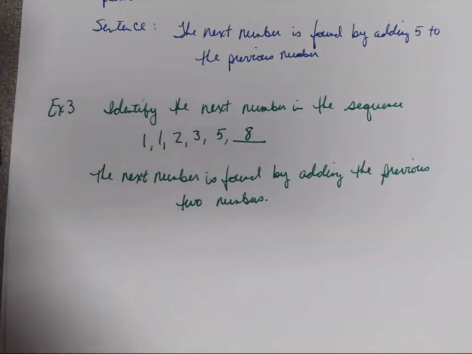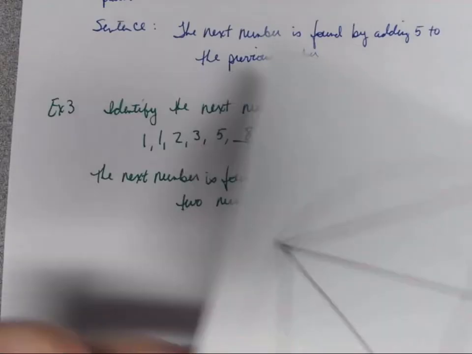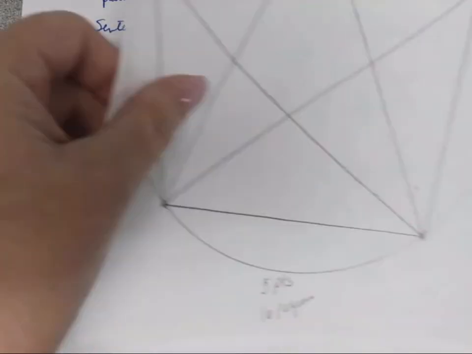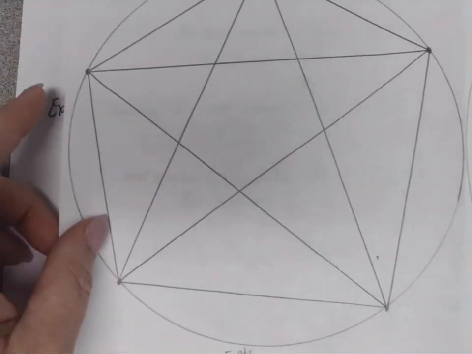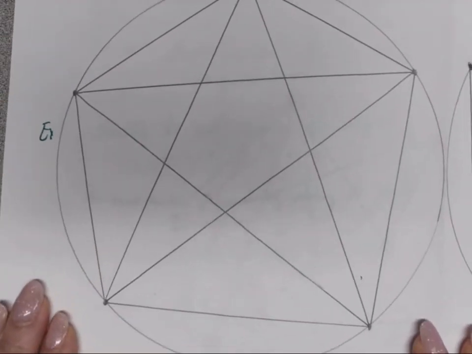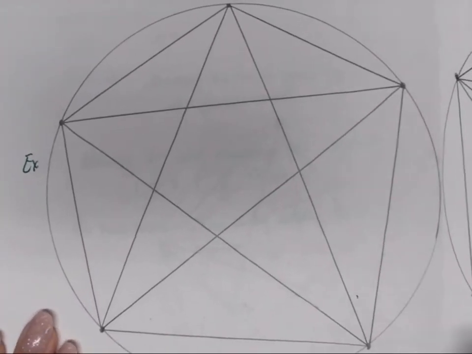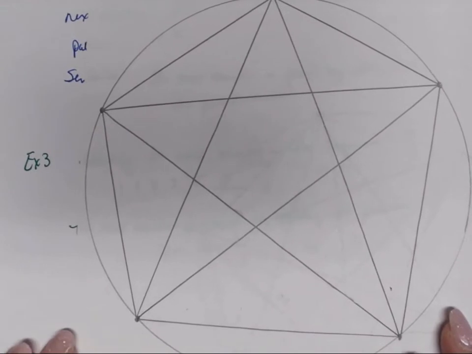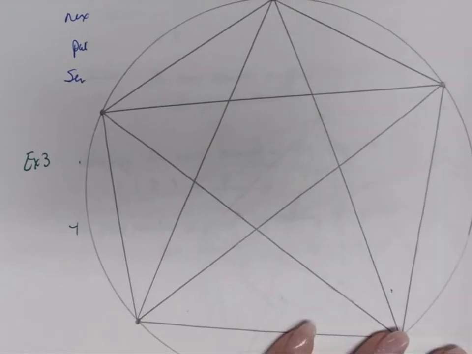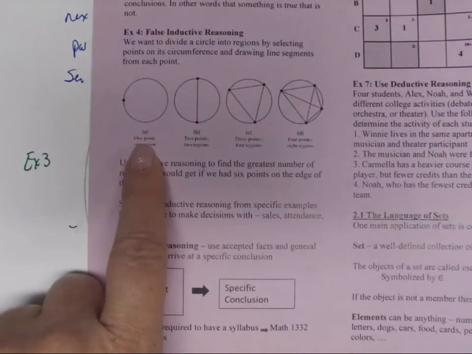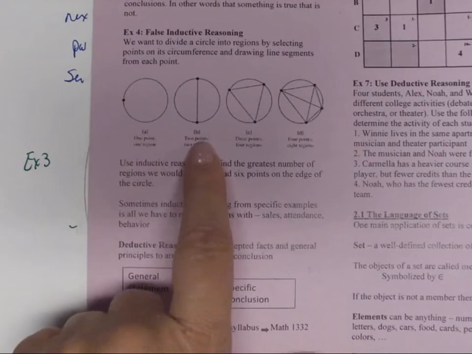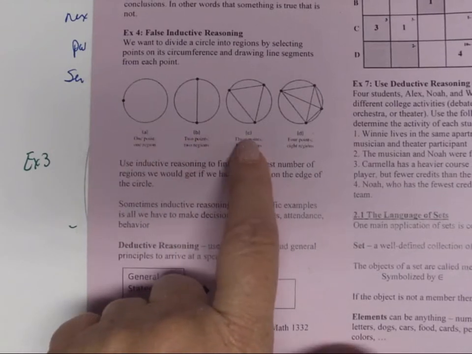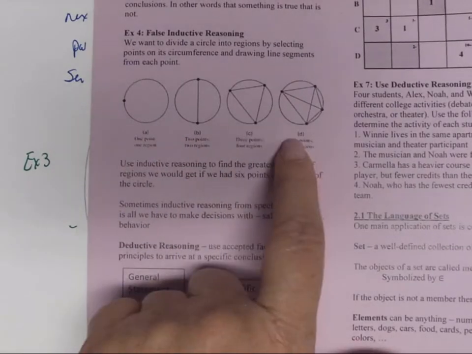So what I did here for time purposes, I drew out, this is for 5. So for 5 points, I wanted to see how many regions we would get. And if we count all of these, with 5 points, I get 16 regions. So understand that 1 point, 1 region, 2 points, 2 regions, 3 points, 4 regions, 4 points, 8 regions.